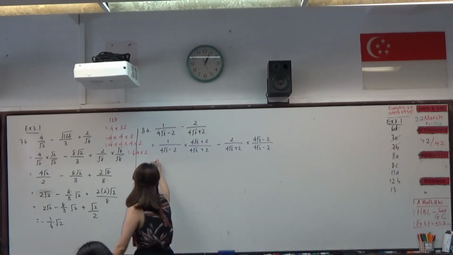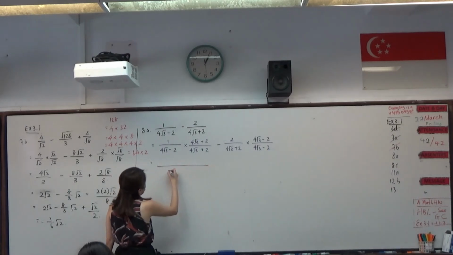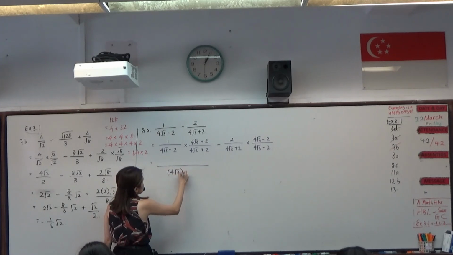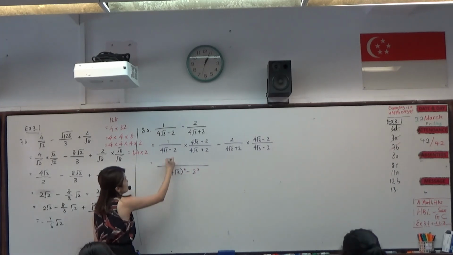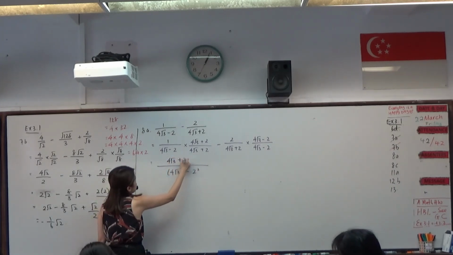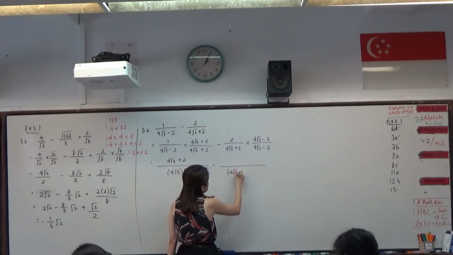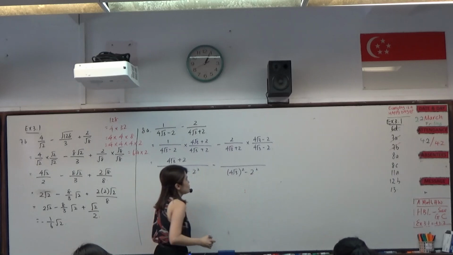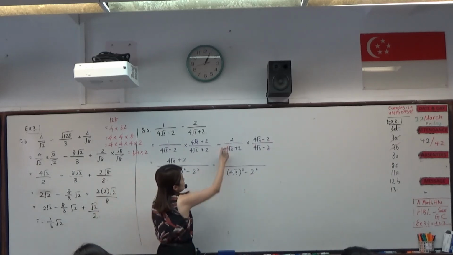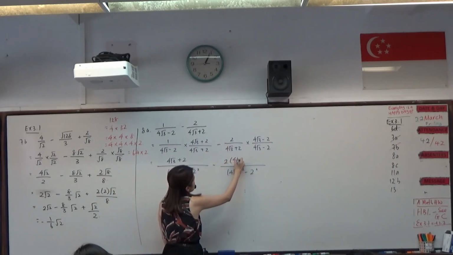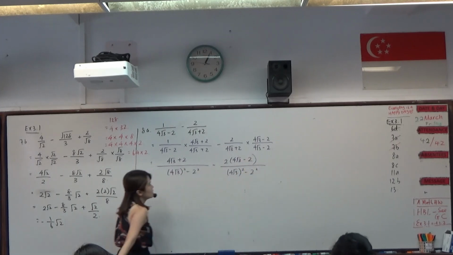So in our denominator, we are getting 4 root 3 squared minus 2 squared. Numerator, we have this. Over here, same thing: 4 root 3 squared minus 2 squared. Numerator will be 2 times 4 root 3 minus 2. Okay?